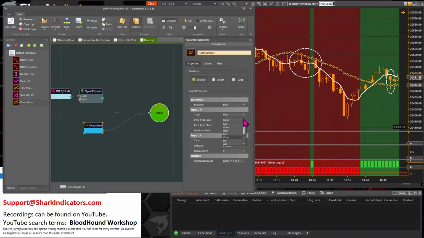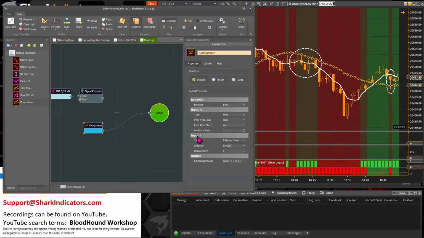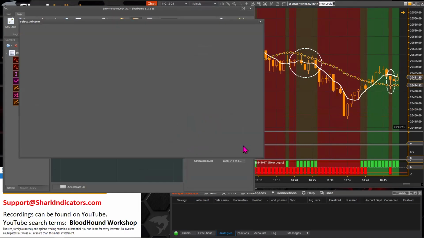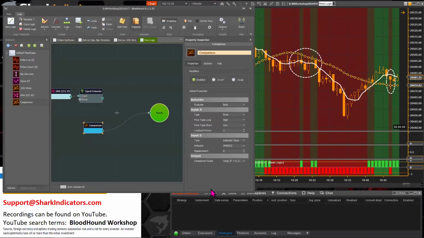In this case, we're going to use the high price and the low price of the bar. And input B is going to be our moving average. So let's put in the SMA 21 period there, the slower moving average.